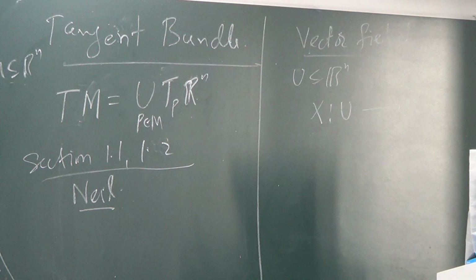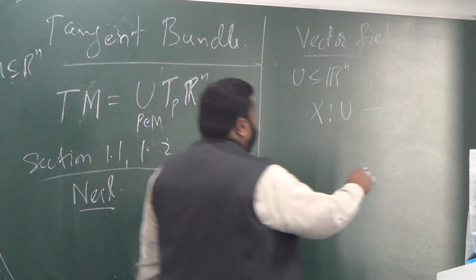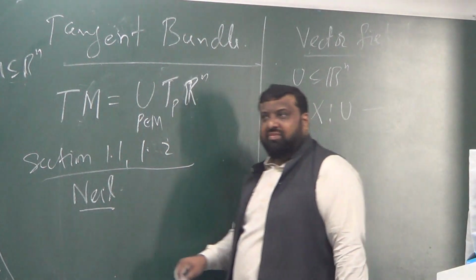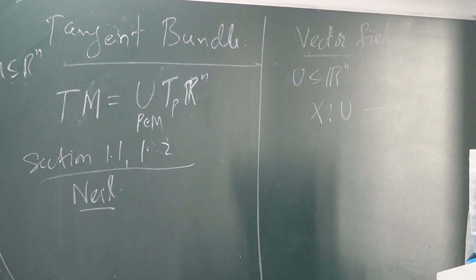So you want to assign vectors to it. But we have now introduced a very particular kind of vectors that we are interested in. So the tangent vector, not just the tangent vector, but the tangent bundle at U actually.